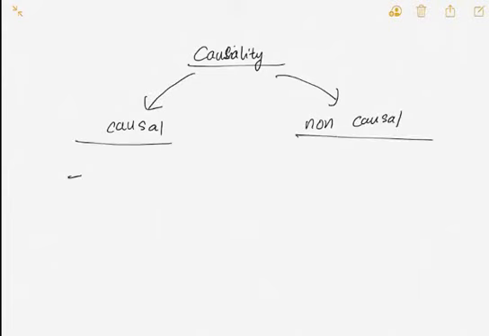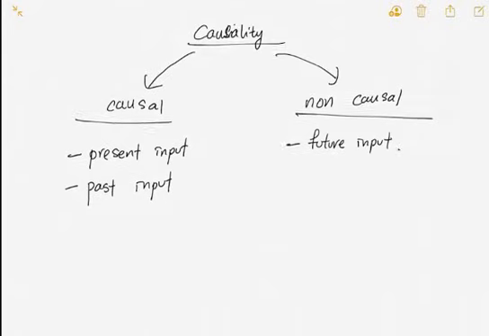A causal system depends on present input and also a past input. And non-causal system depends on future input.